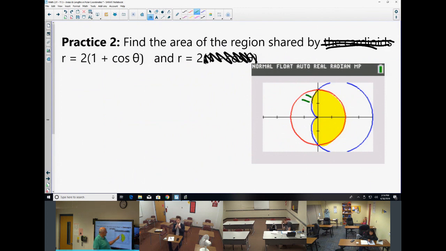It's like I could get that area right there in green, using the red as the outer curve and the blue as the inner curve. So how can I get the highlighted yellow area?